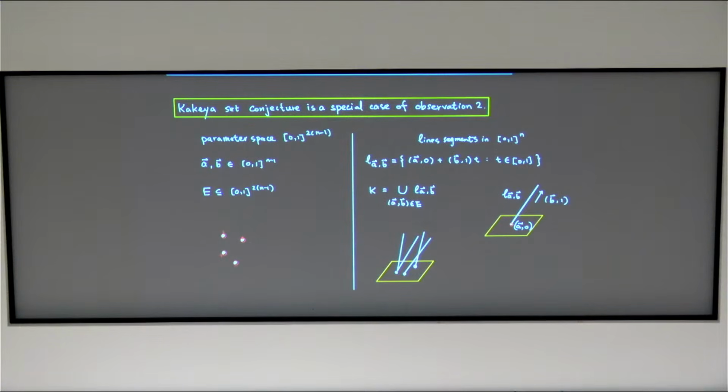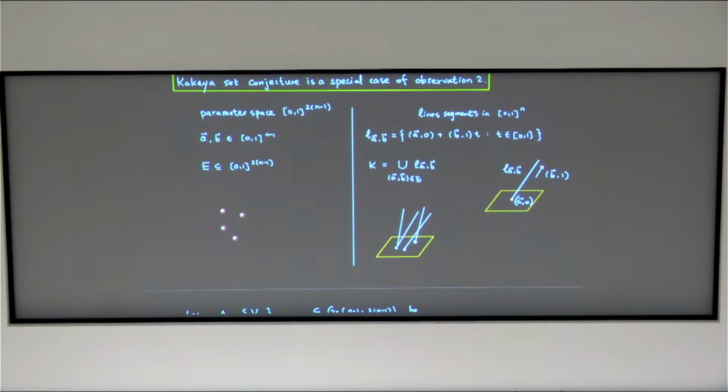This is our set E. Each point AB corresponds to a line LAB. Then this K is going to be the union of those line segments parametrized by the points in E. So this is LAB, starting from the point A, 0 and pointing in direction B, 1.